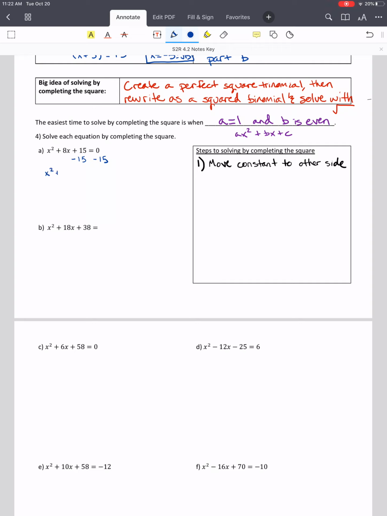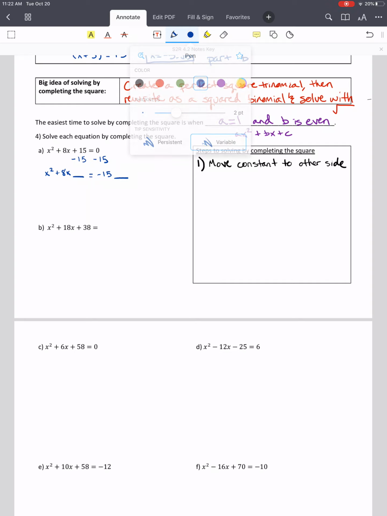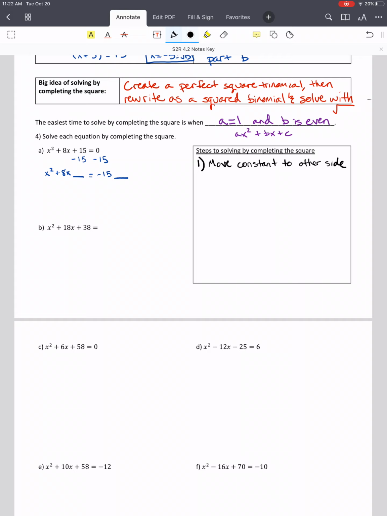So we're at x squared plus 8x, and then I just want you to leave this blank. And I want you to put 2 blanks there, because of your goal.